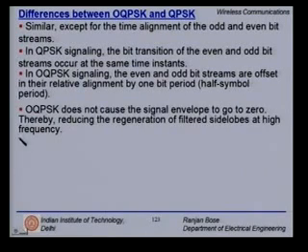The offset QPSK does not cause the signal envelope to go to 0, simple. There is no more fear of a nonlinear amplification of the zero crossing, thereby reducing the regeneration of the filtered side lobes at high frequency.